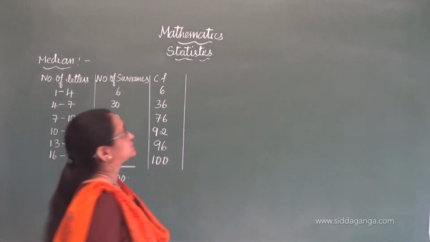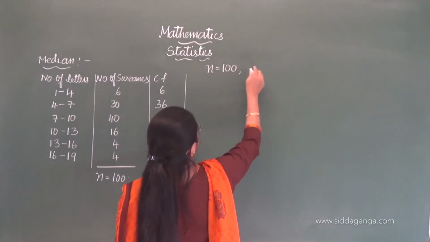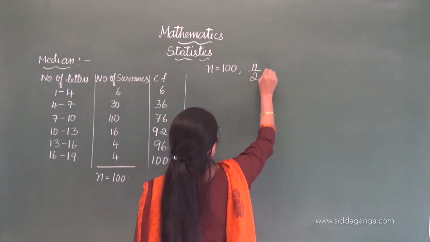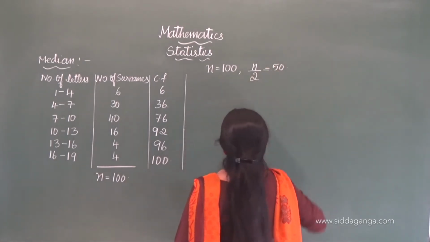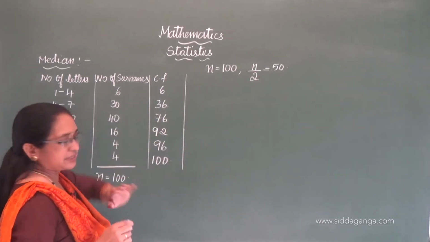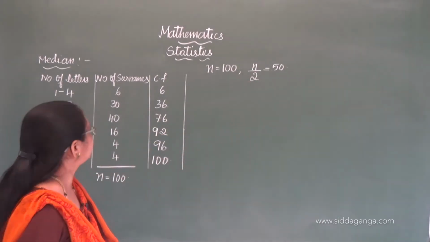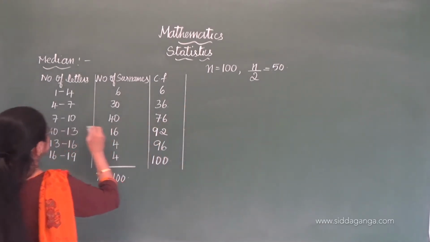Now next, as usual, n is equal to how much? 100. So n by 2 is 50. Now you just check the median class. So the median class will be the one slightly greater than 50, that is 76.